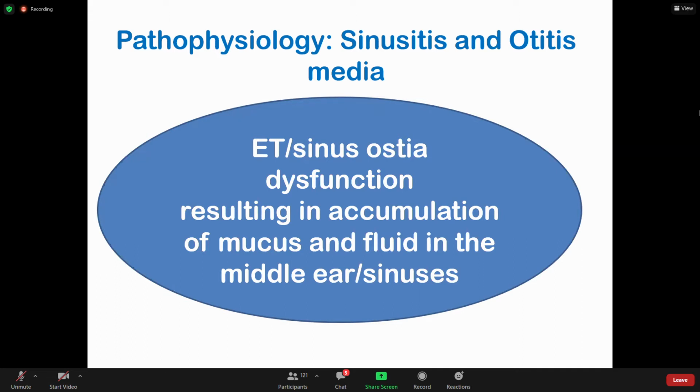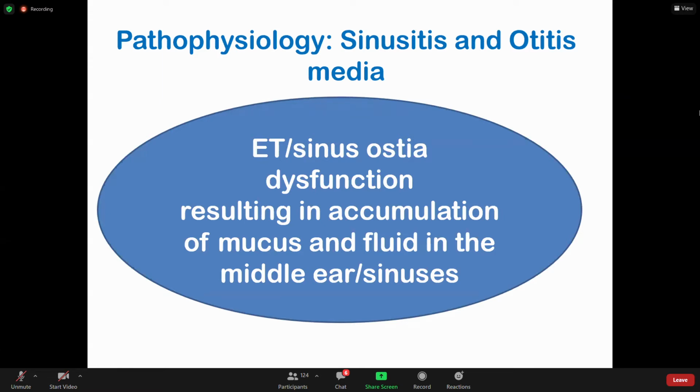With sinus ostia, you can have drainage of mucus secretion from the sinuses through these openings. When you have inflammation following infection, these structures, which are relatively tiny, can become inflamed and result in occlusion. So their primary function of allowing body secretions to pass through is impaired. So that's why we say there is a dysfunction.